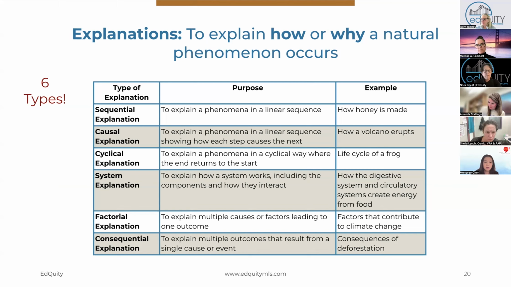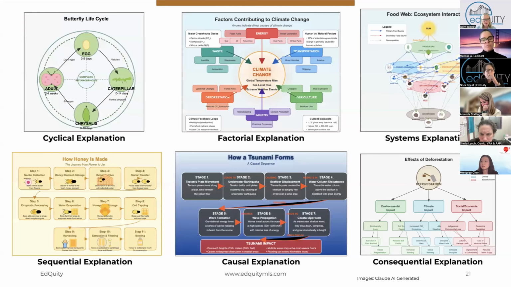Like with a frog, you get tadpole, frog, the thing itself changes as it goes through the metamorphosis. Systems explanations, how different systems work, how various components interact with each other. Factorial explanations, totally different kind of language, multiple causes or factors that lead to one outcome. And then consequential explanations, multiple outcomes from one input.